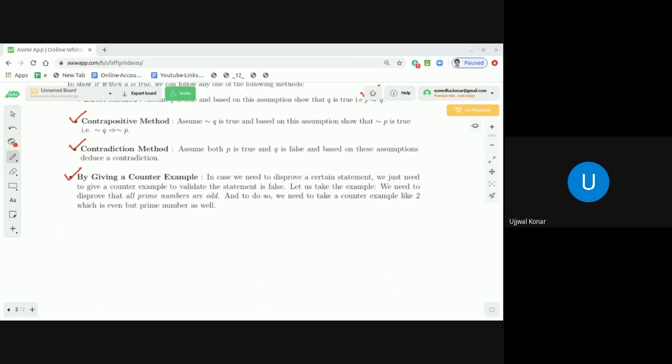For example, if you need to prove the Pythagoras theorem, if you recall, the Pythagoras theorem is this: if this side is A, this side is B, and this side is C, we know that C square is equal to A square plus B square.